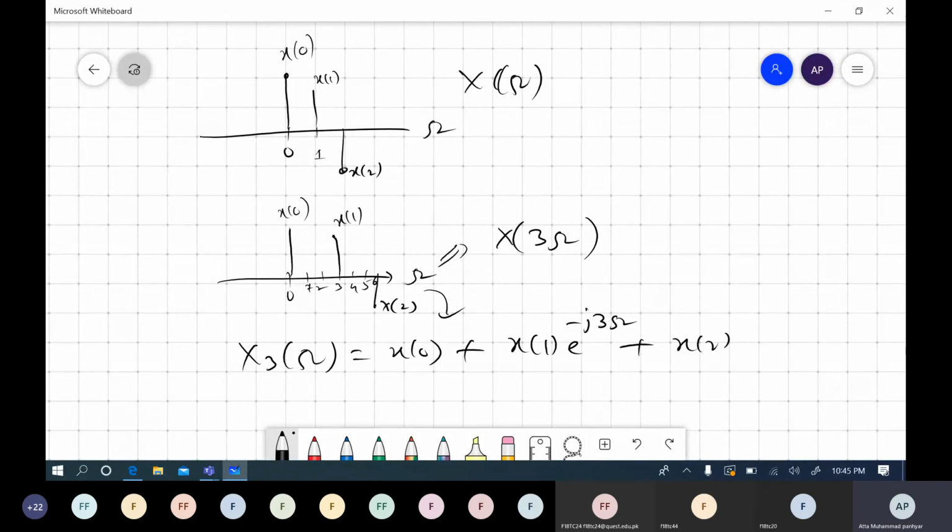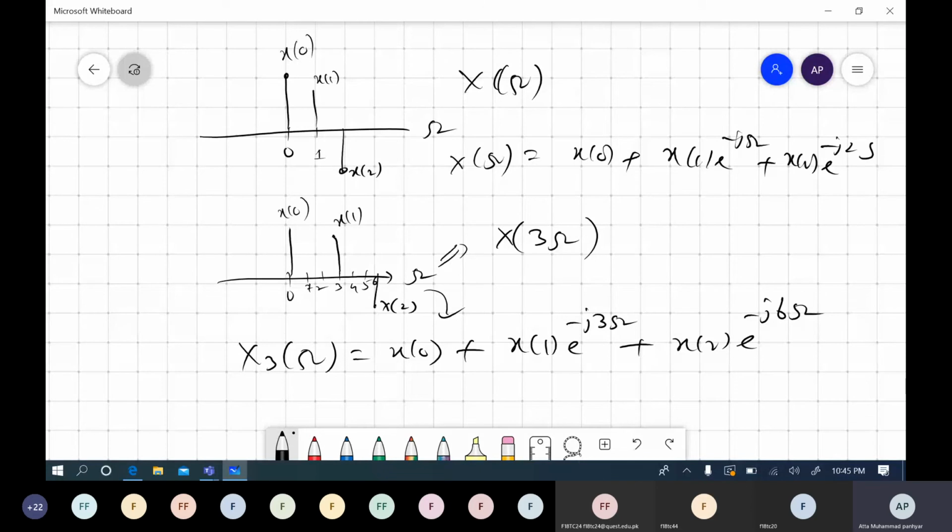Plus x of 2 e to the power minus j6 omega. And what about this? If I write x of omega, this must be equal to x of 0 plus x of 1 e to the power minus j omega plus x of 2 e to the power minus j2 omega.